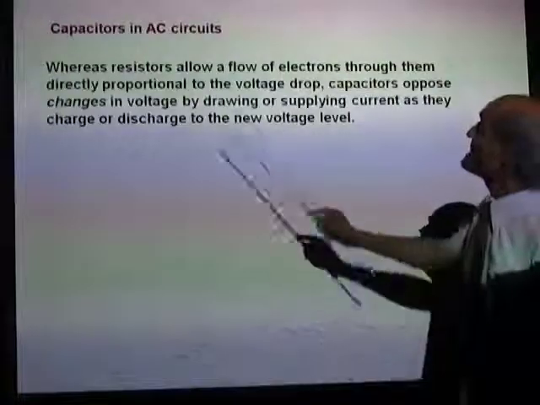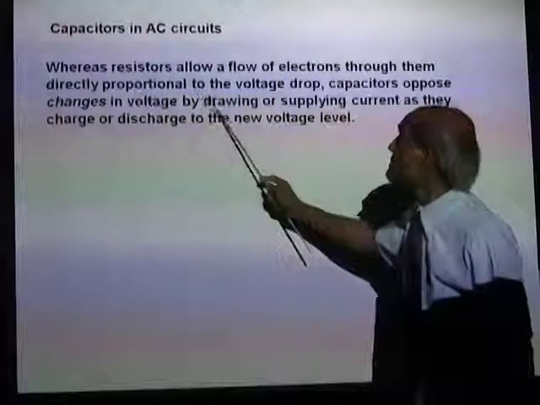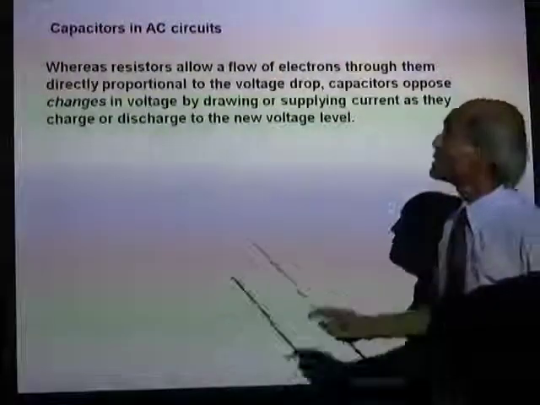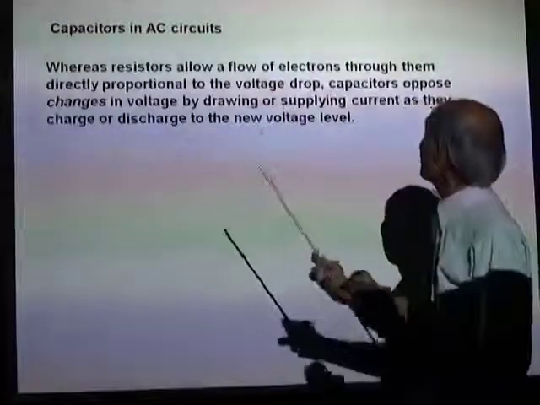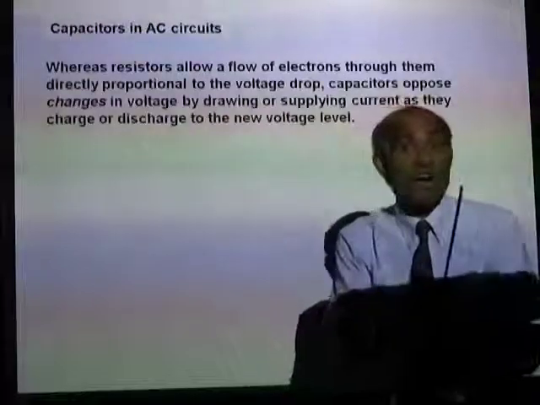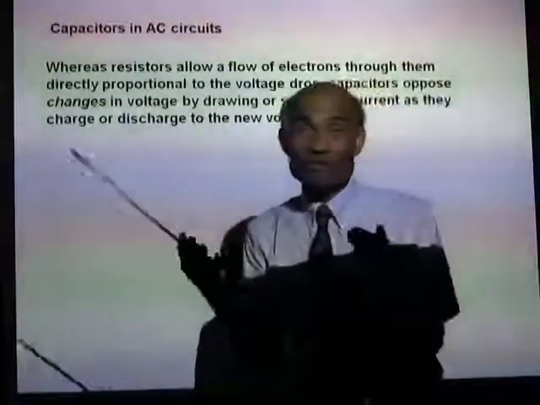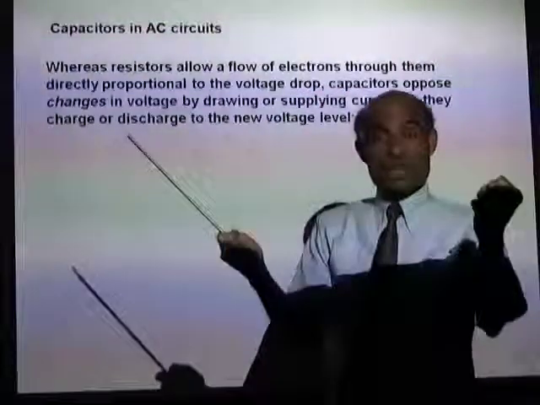Whereas resistors allow a flow of electrons through them directly proportional to the voltage drop, capacitors oppose change in voltage by drawing or supplying current as they charge or discharge. You see, a current flows through a capacitor only when they get charged or discharged.